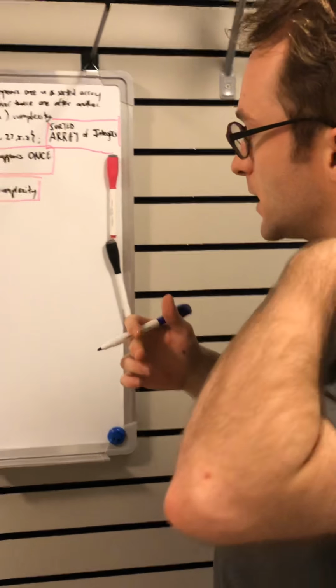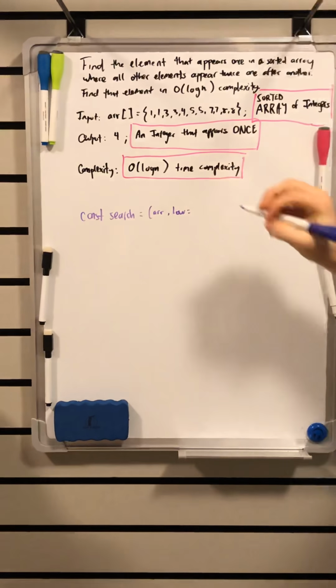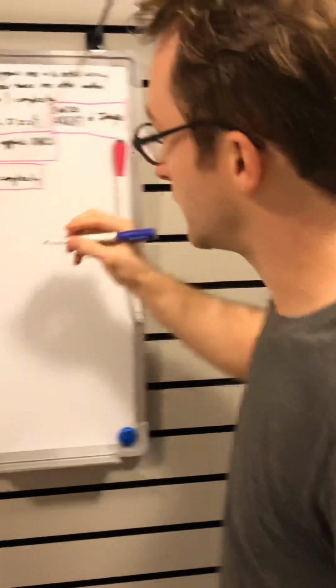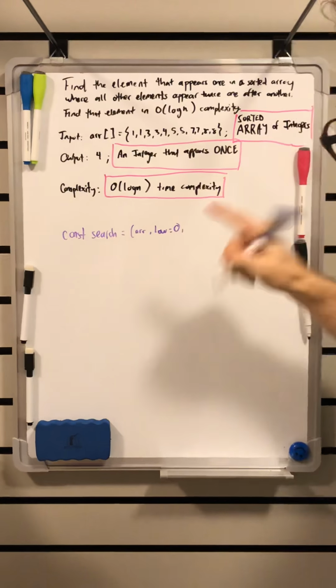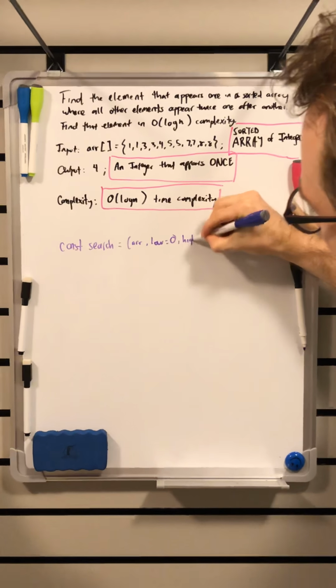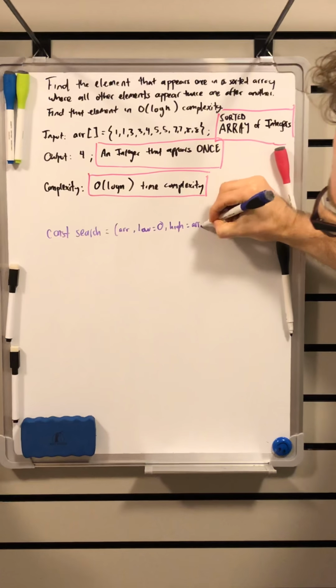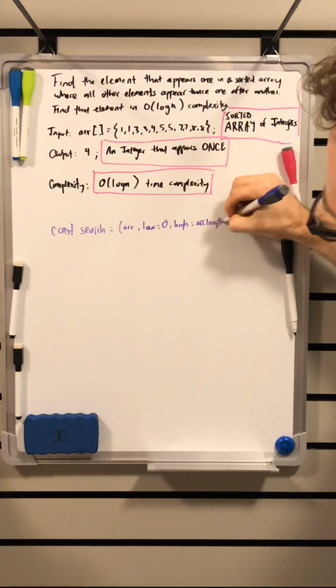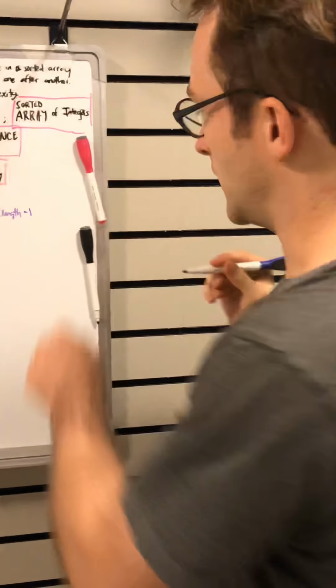So let's go deep into this. We'll have a low, and we will automatically assign it a starting value. We'll say it's 0, the beginning of the array. And then we'll give it a variable called high, and its value will be the array length minus 1, being the last value of the array.